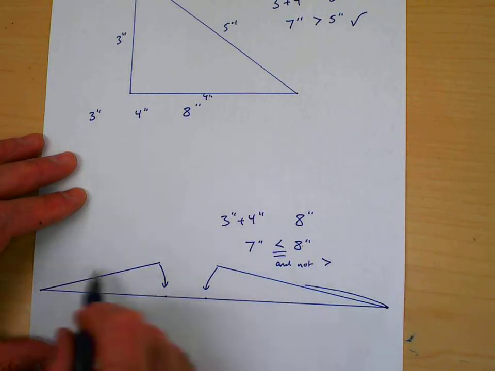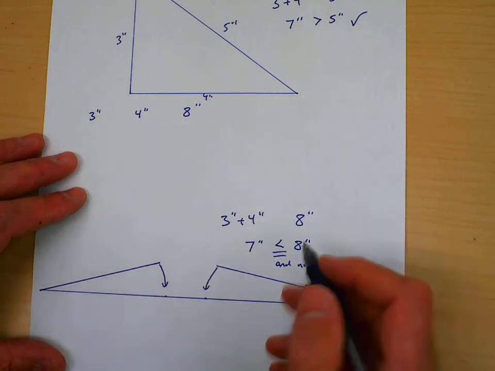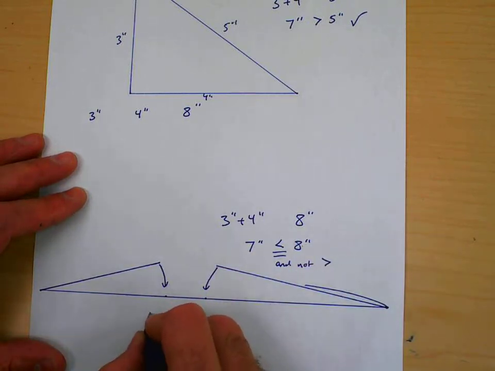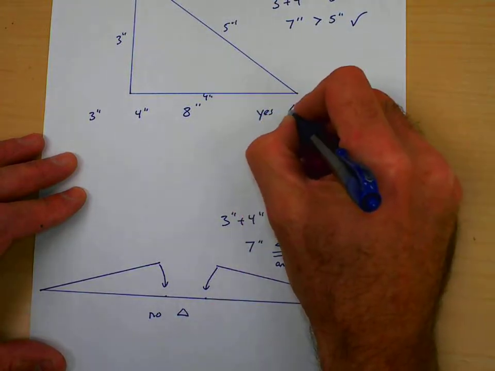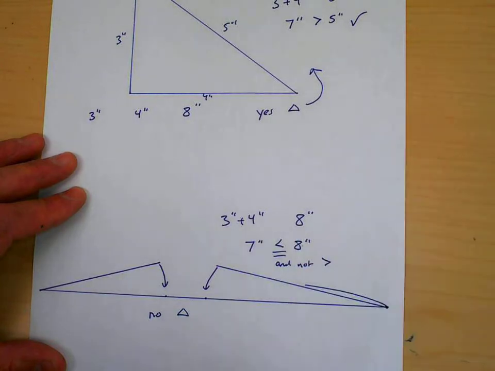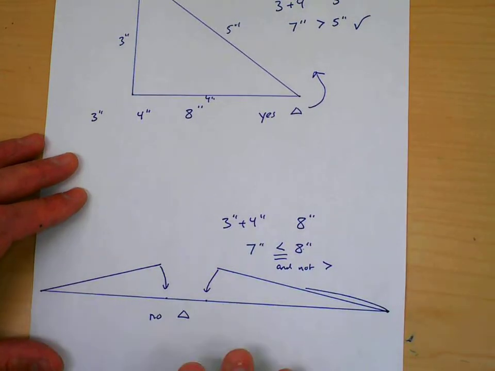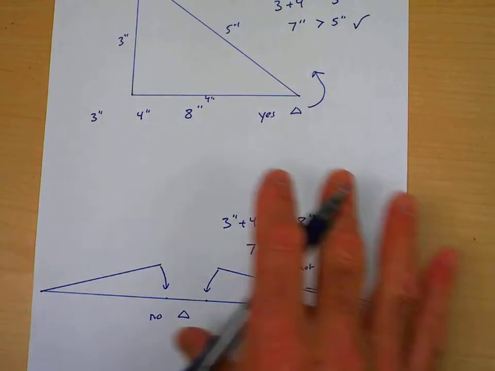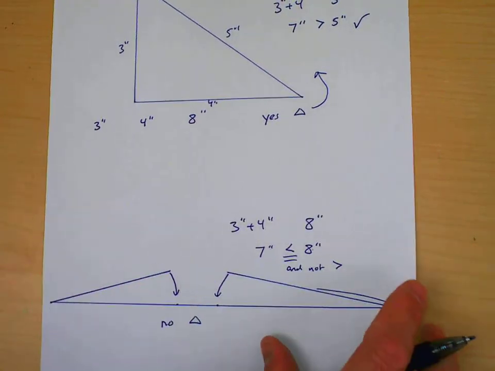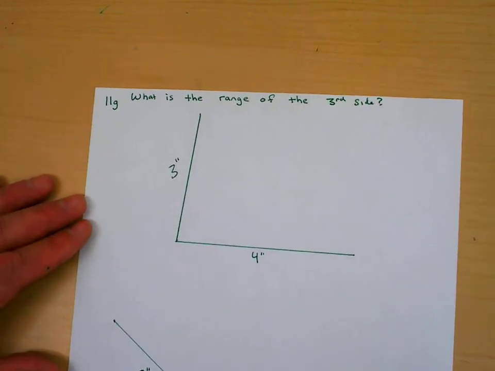Therefore, they come up short, and therefore, no triangle. Here, yes, triangle up here. So that's 11F.